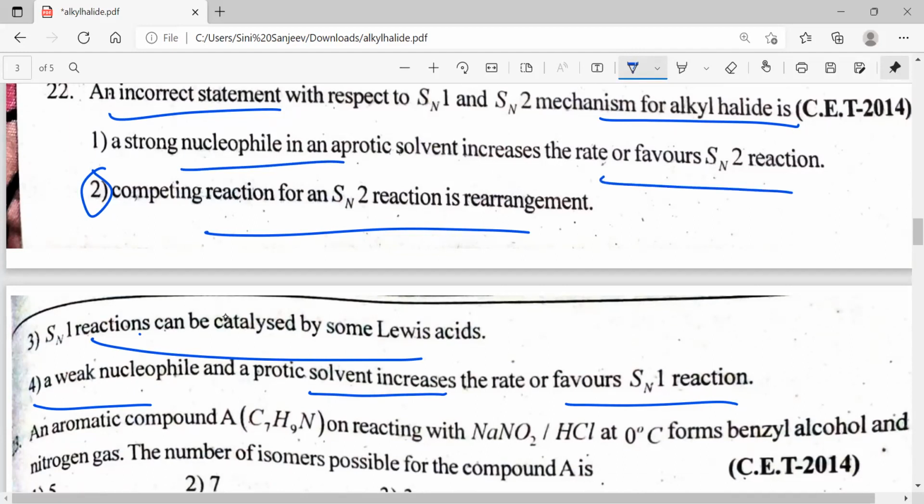So here again we have to look for which is the incorrect statement in this. 22nd one. So what do you think is the correct option for the 22nd one? By eliminating or whatever it is, what do you think?